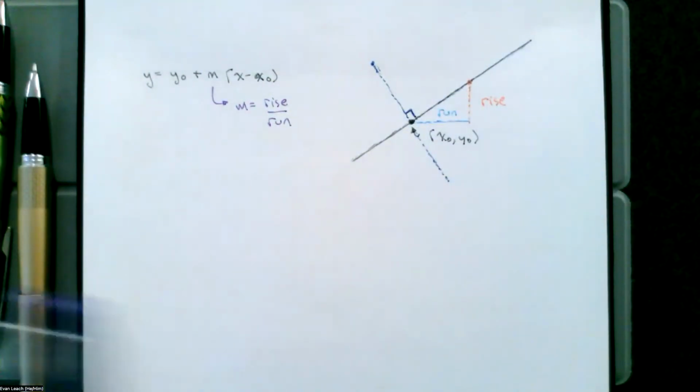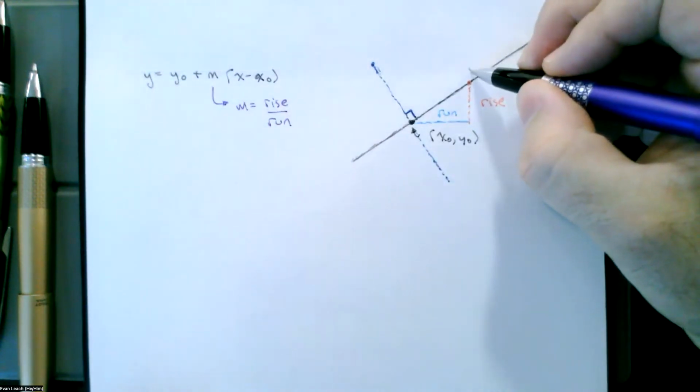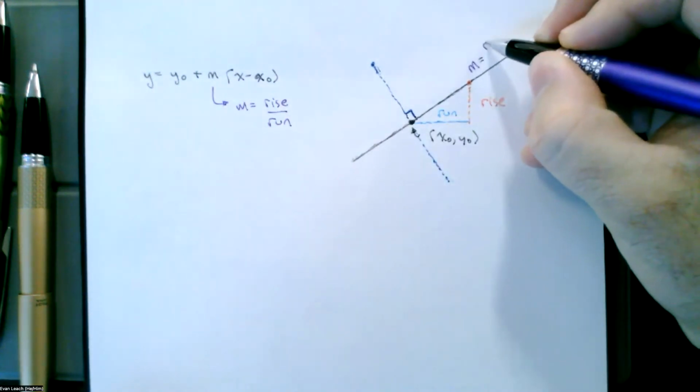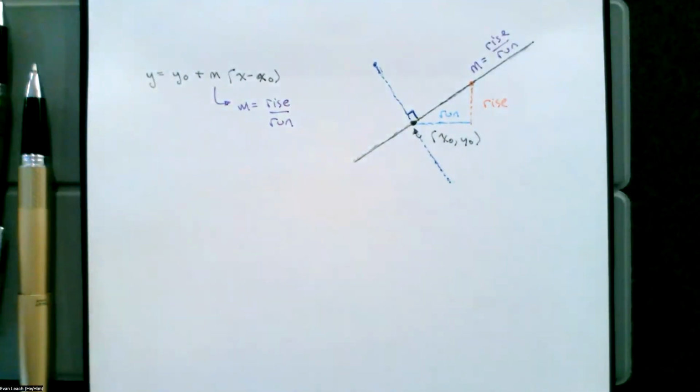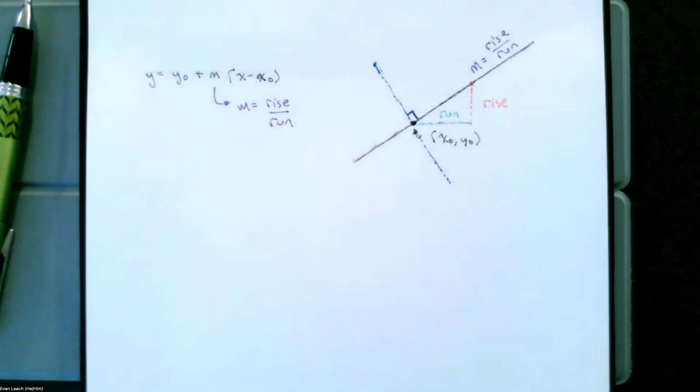So the slope of this line is the rise over the run. What's the slope of the line perpendicular?